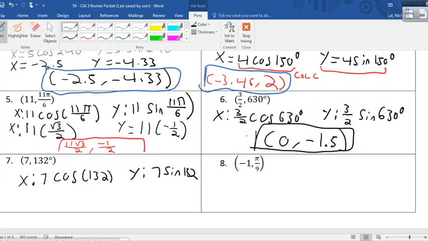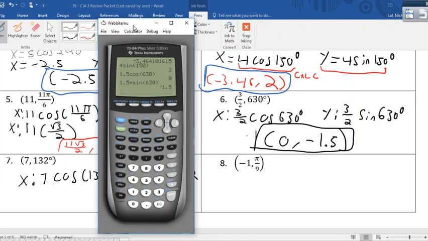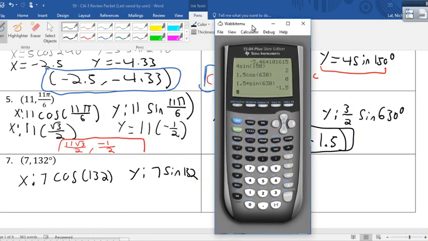And then we can do 7 times the cosine of 132 for our x-coordinate, and 7 times the sine of 132 for our y-coordinate.